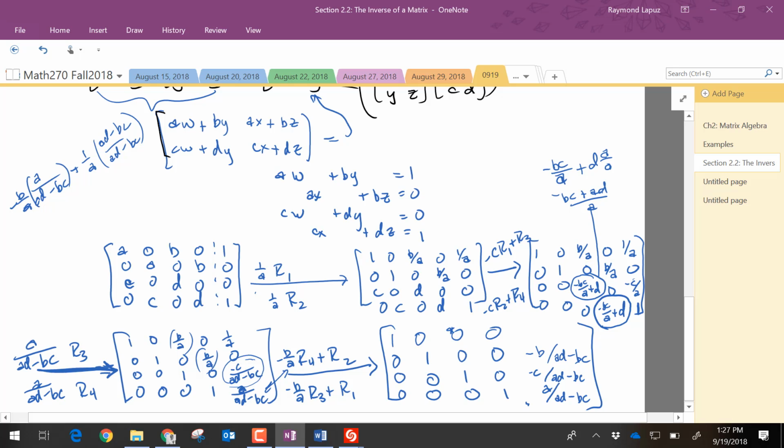And then I would have the same common denominator, and the numerator would be minus AB plus AD minus BC. Is that right?